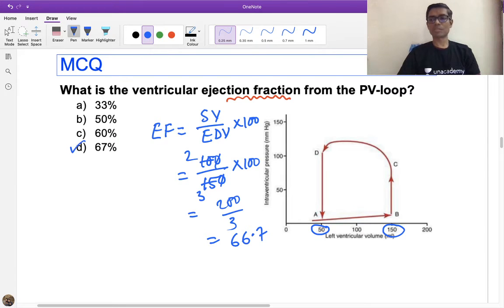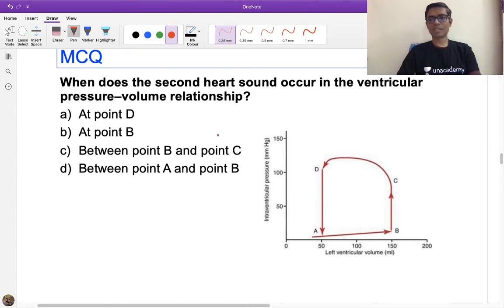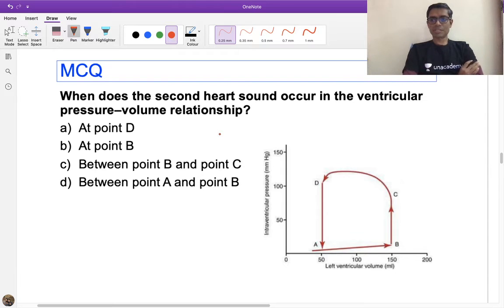So I'll go for this one, right? 67%. Very simple. You just have to put the stroke volume, which we have already calculated, 100 ml, and the end diastolic volume 150 ml, multiplied by 100. So this is nothing but 67%. Right, D. Correct. Very good, 67%.